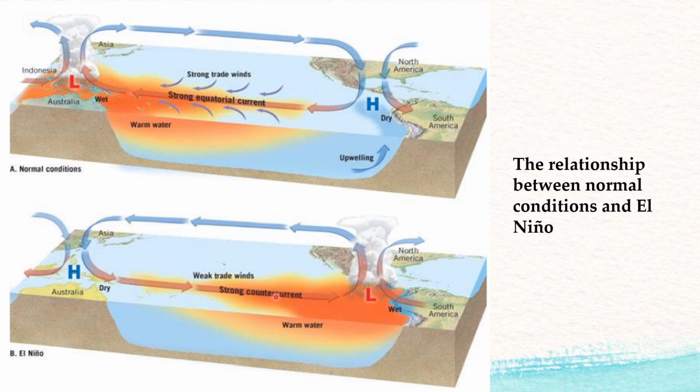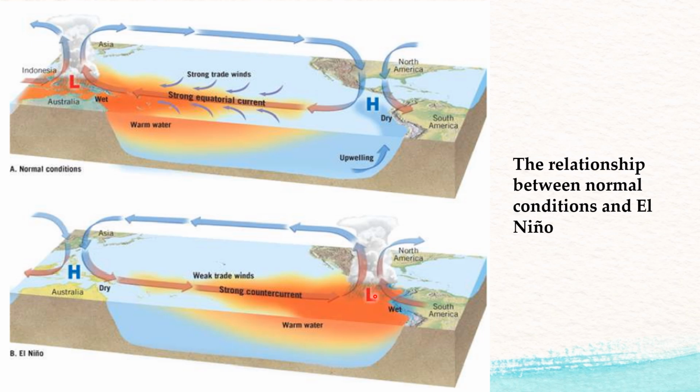That's why there is a strong countercurrent towards this region of the eastern Pacific that warms the ocean, that warms the water.